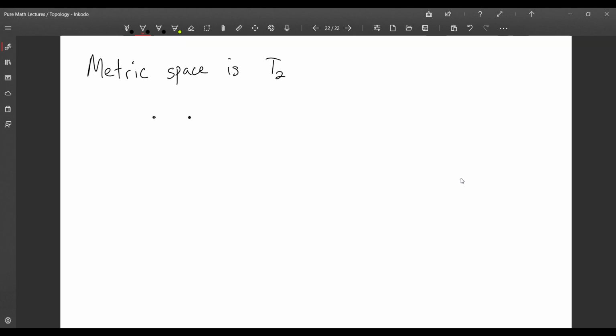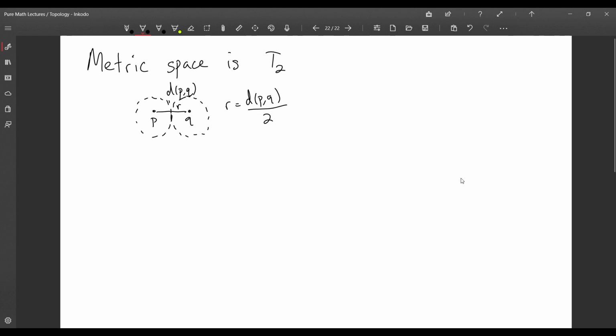If you have two distinct points, then you have a distance between them, and therefore you can construct these open balls using a radius of the distance divided by 2, right? So this R is going to be half the distance between P and Q, and so these open sets are going to be disjoint. They just barely meet, but since they're open, they don't intersect. And therefore you can always separate two points.